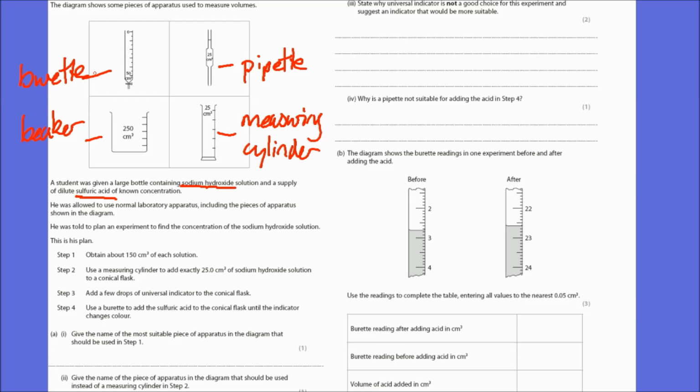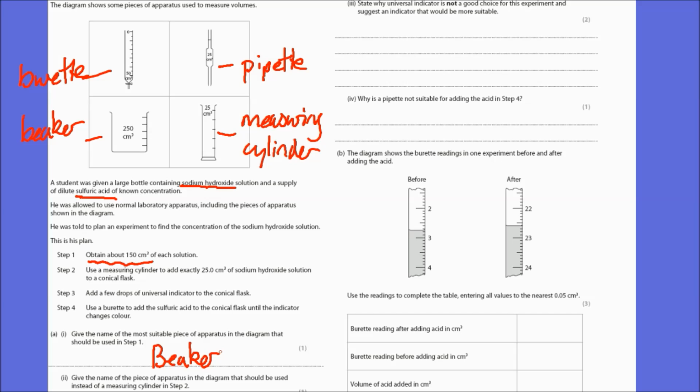Give the name of the most suitable piece of apparatus in the diagram which should be used in step 1. Now, in step 1, it just says obtain about 150 centimetres cubed. These 3 pieces of apparatus are too small. You've been given the volumes. So the first answer is we're going to use the beaker.